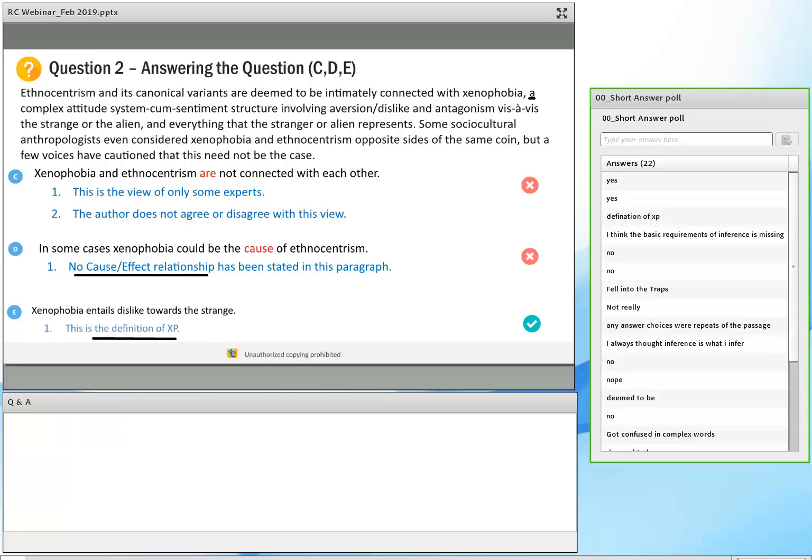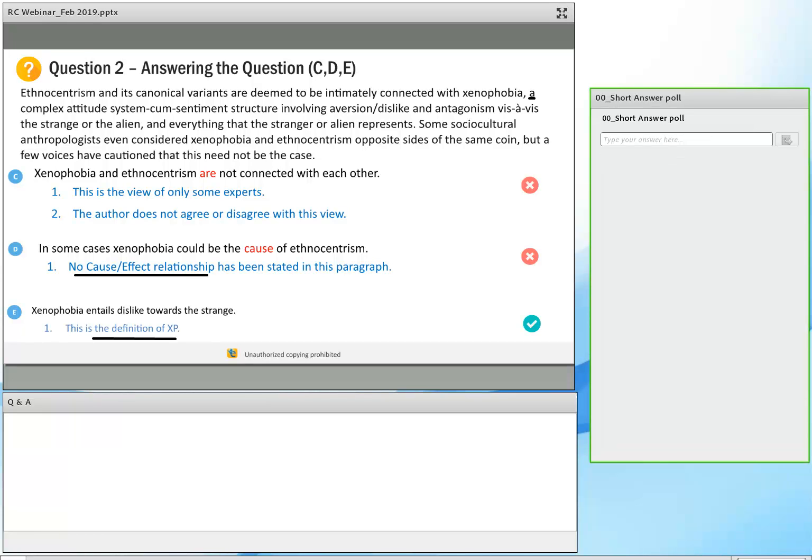So one thing which someone asked, and this is a really good question again, was what do you do when you have complex words in a GMAT reading comprehension? So first of all, there'll be very few sophisticated words that you'll see in a GMAT reading comprehension, and sophisticated words that matter.